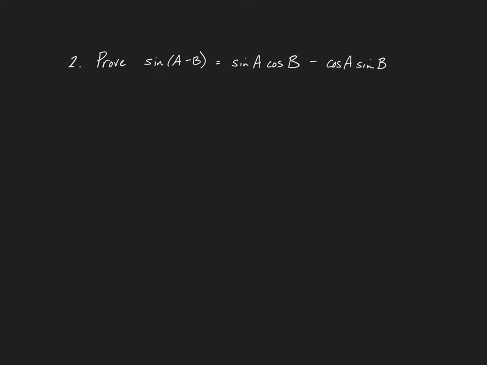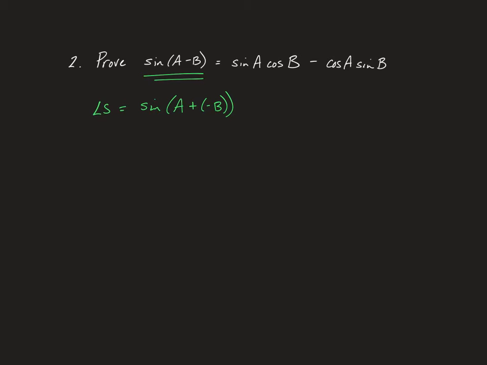So if we were to start and go through and deal with this proof, I don't know how to break down the sine of an angle subtract an angle. However, I do know how to break down the sine of an angle plus another angle. And just like when we went through and proved what cos A minus B was, we can use that same approach today.